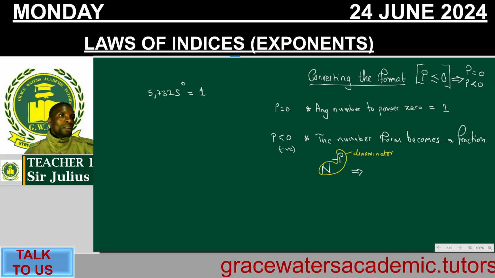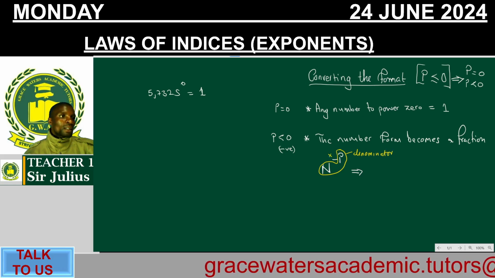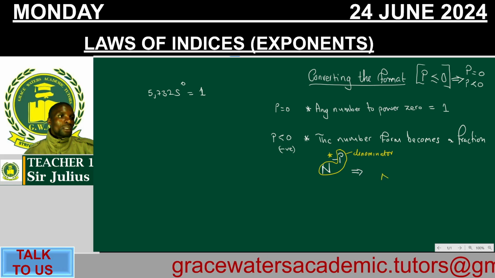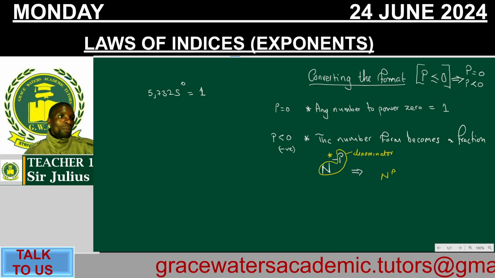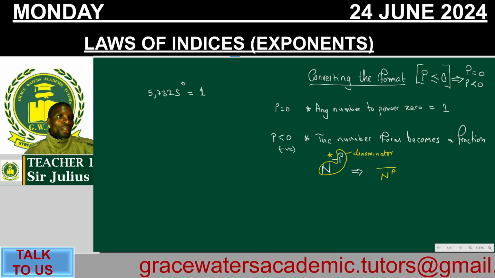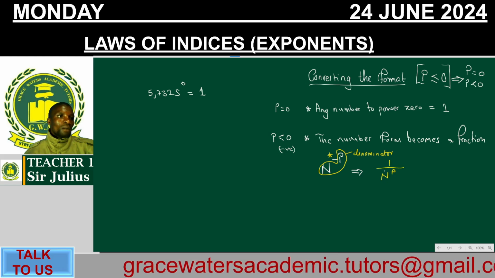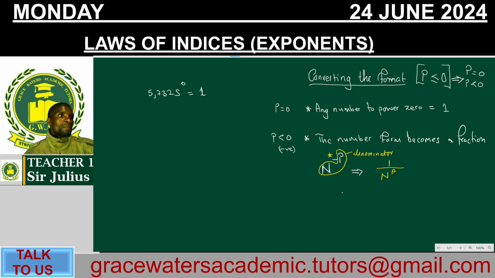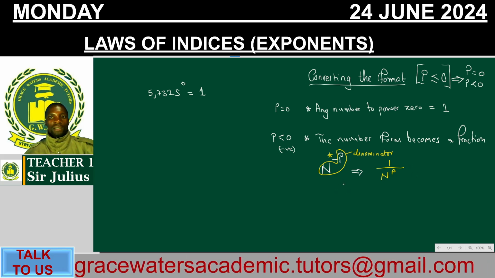What did it do exactly? It excluded the negative power. So you write n to the power p, positive, and then you just make it a fraction by saying 1 over n to the power p. As simple as that. This is a very, very simple concept.